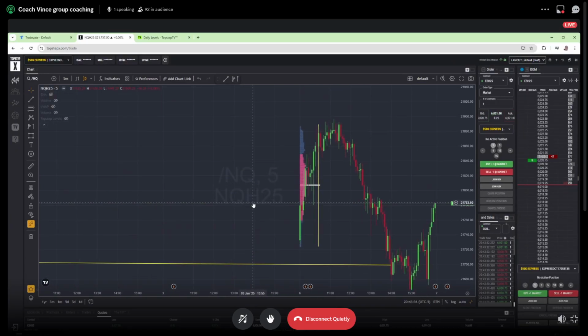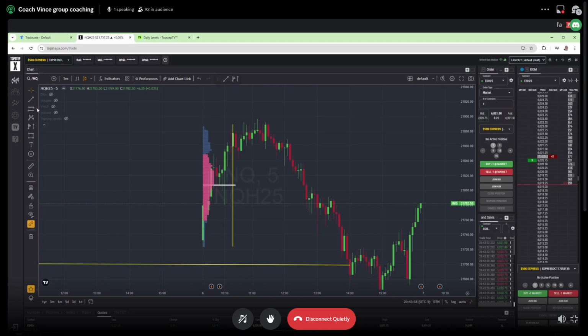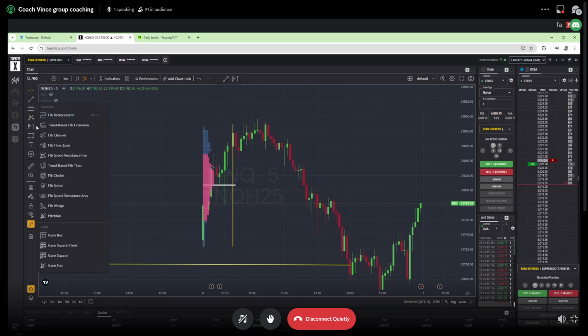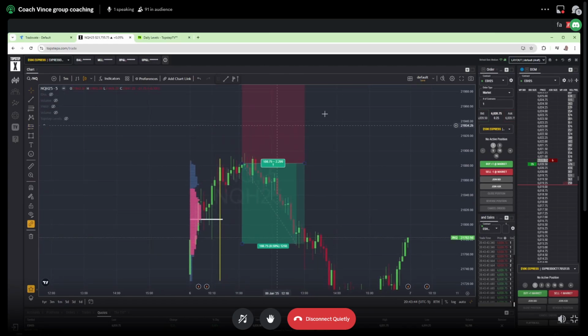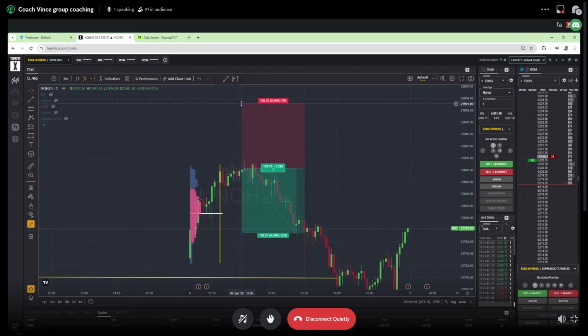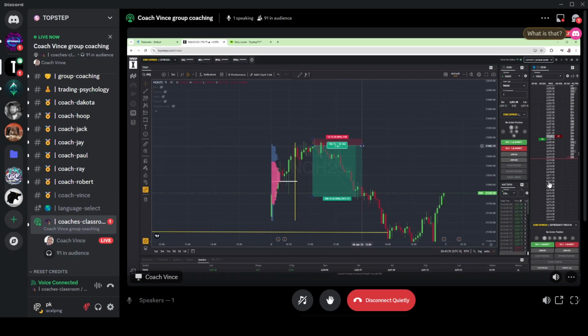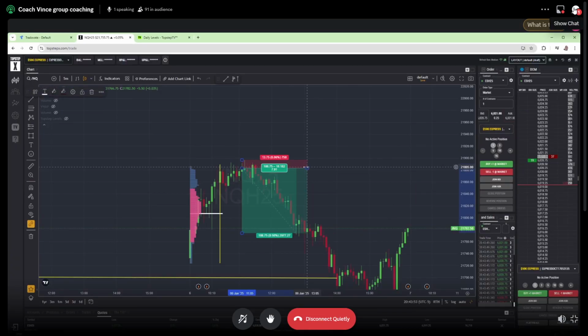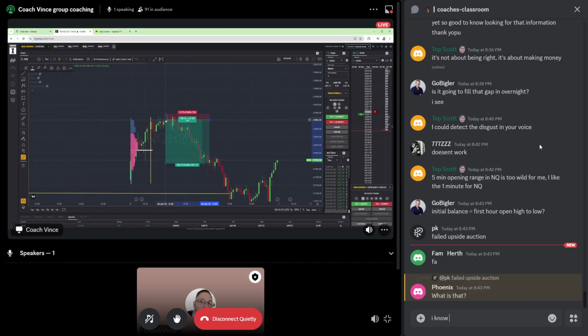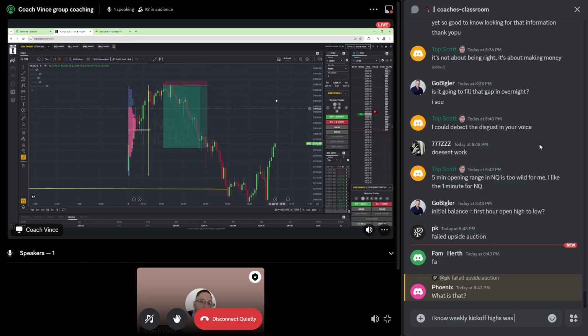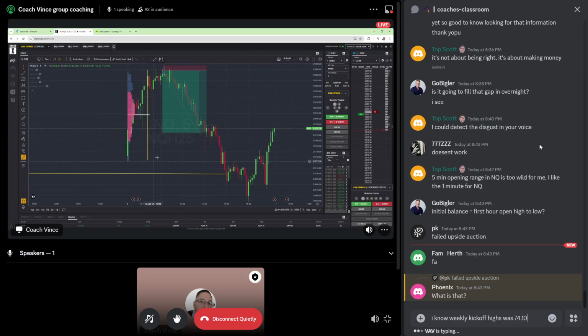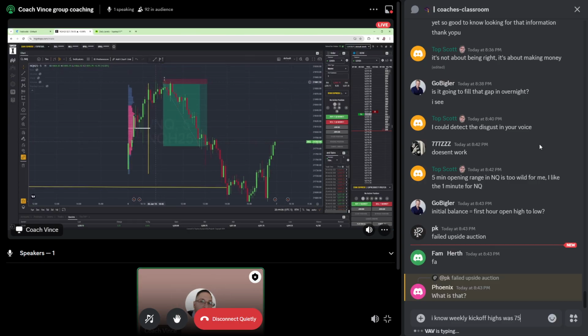Failed upside auction, right? A false breakout.